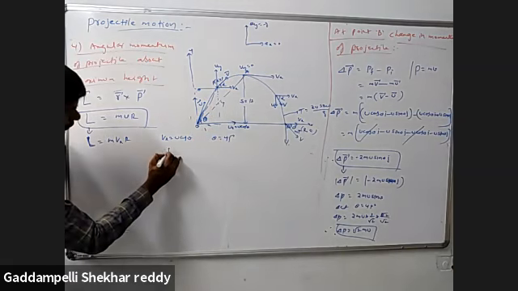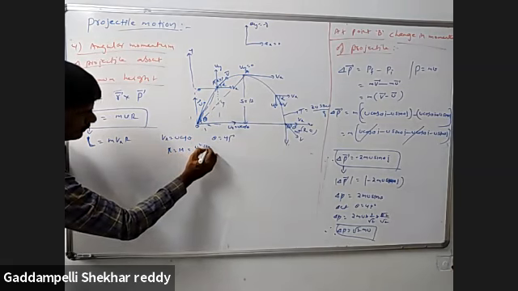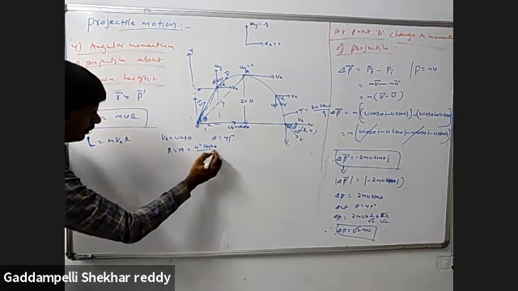So here R is equal to x, which is equal to u square sin square theta by 2g.